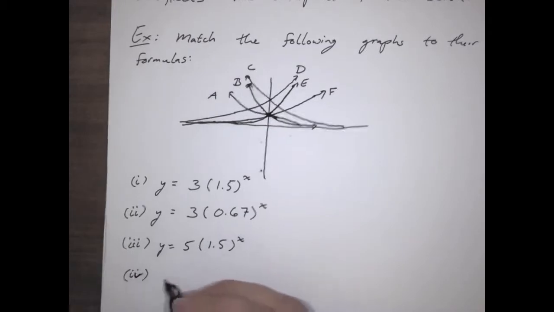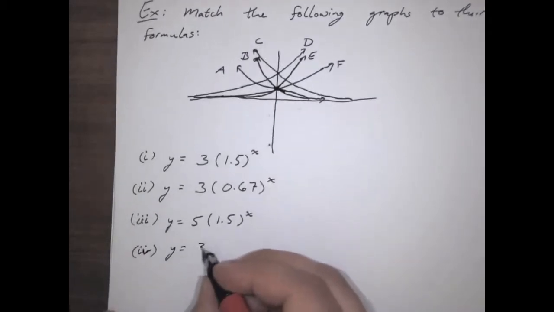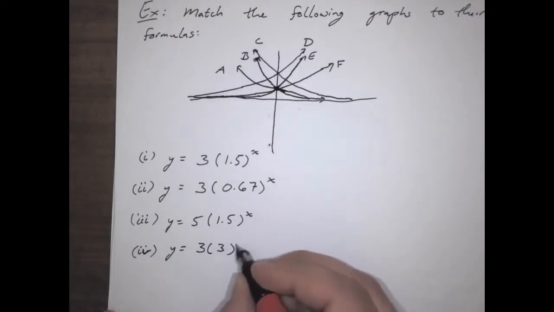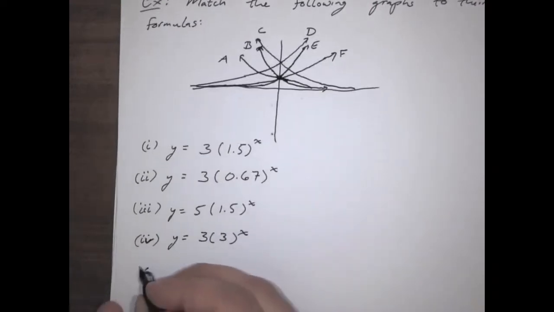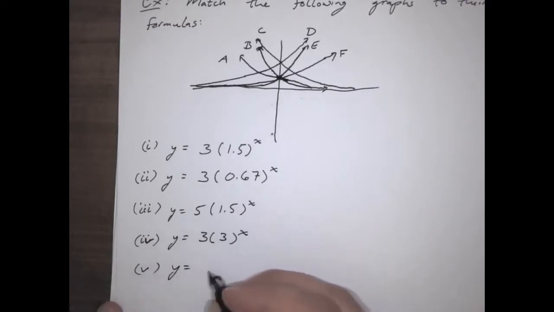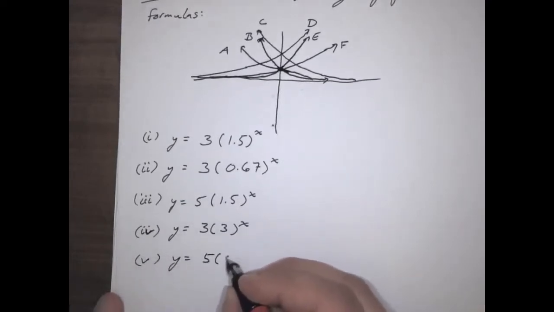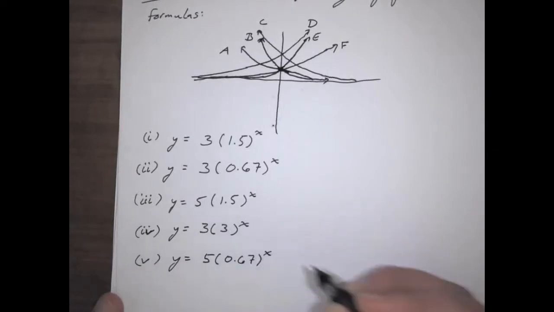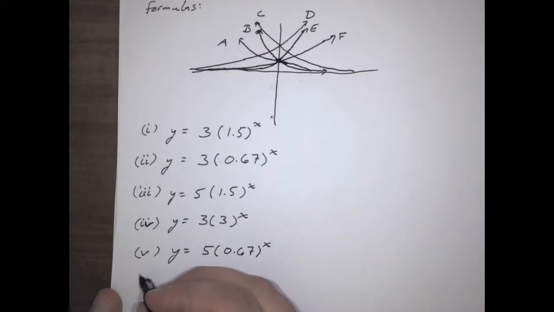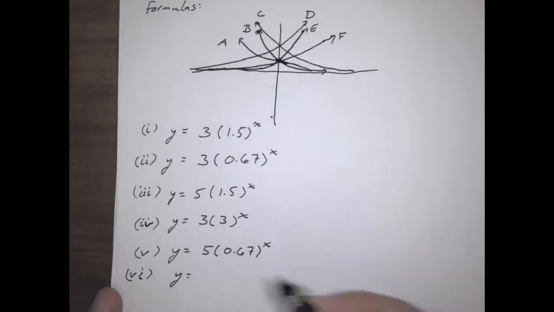Function 4, let's say, is y equals 3 times 3 to the x. Function 5, let's say, is y equals 5 times 0.67 to the x. And then finally, function number 6, which is y equals 3 times 1/3 to the x.